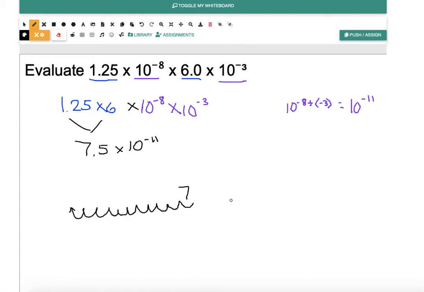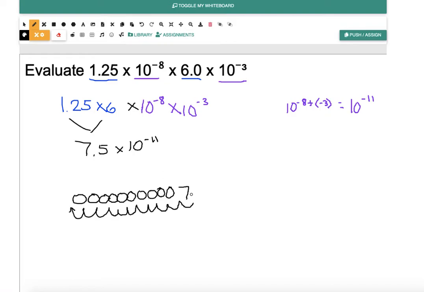That's how many spaces or how many zeros you're going to include here. So 1, 2, 3, 4, 5, 6, 7, 8, 9, 10.